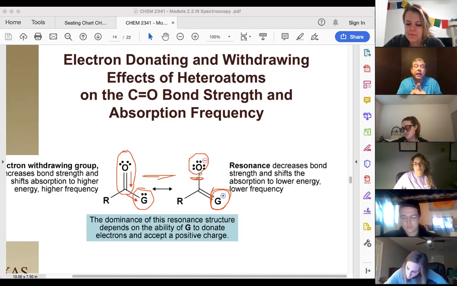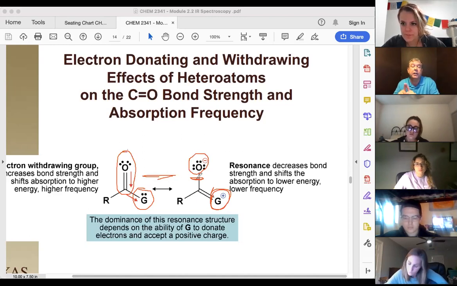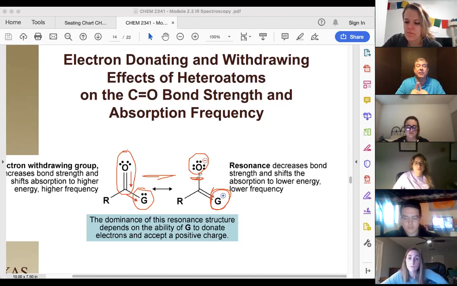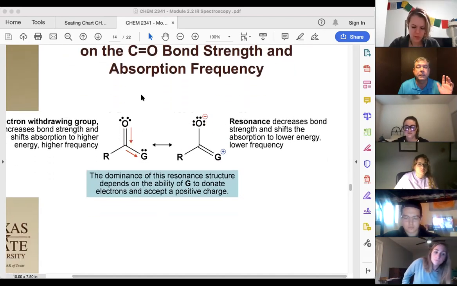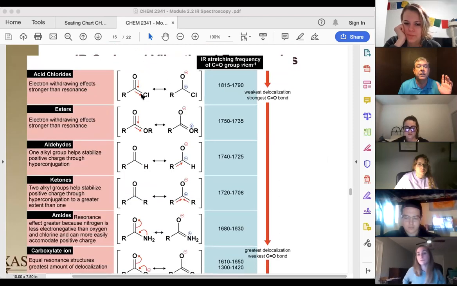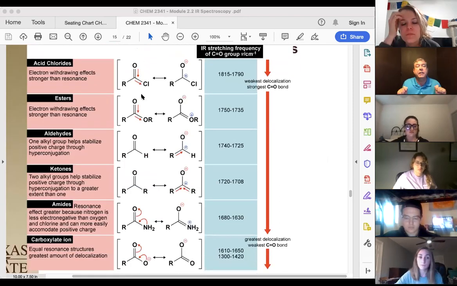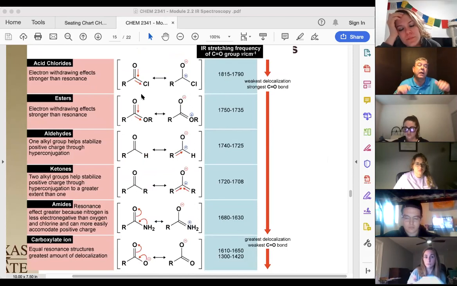If it's a strong electron withdrawing group, it's going to lower the energy and shift down. If it's an electron donating group, it's going to shift up. So what does that mean? How do we visualize this? I'm going to compare all the different carbonyl type compounds and show you from their highest to their lowest frequencies.